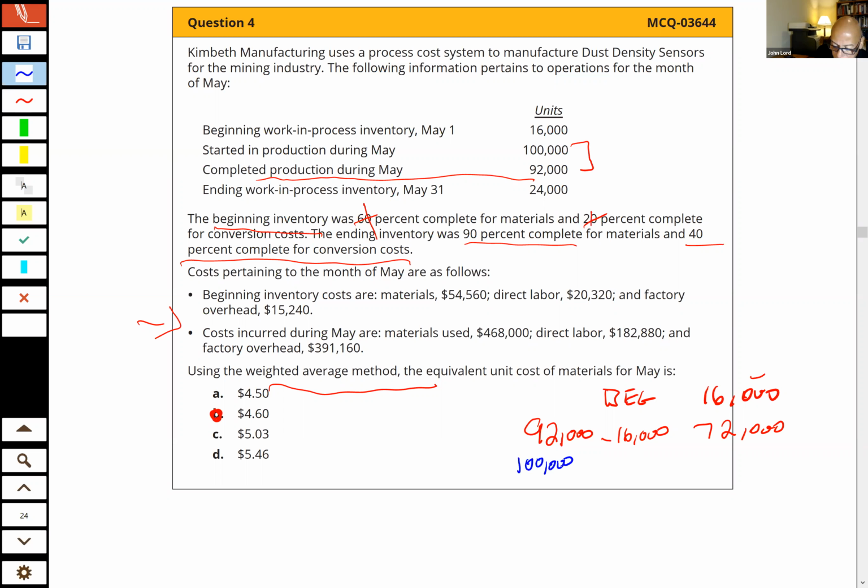And if they started 100,000 and they still have 24,000 still in progress that they haven't finished yet, then that means that they started and completed 76,000. So excuse me, 72,000. So actually both these numbers are 72,000. They started and completed 72,000, and I could have got there two different ways, right?